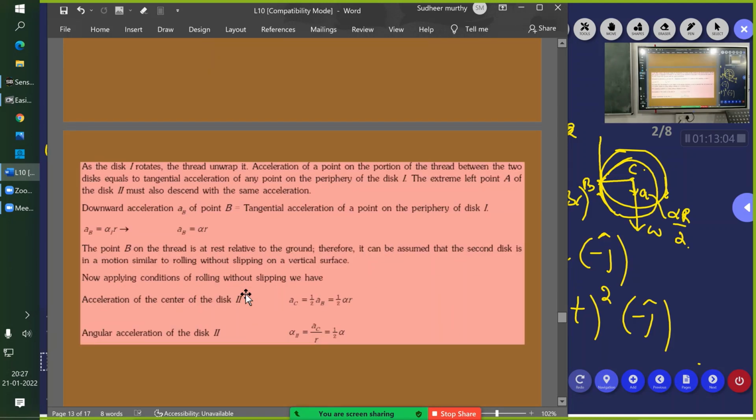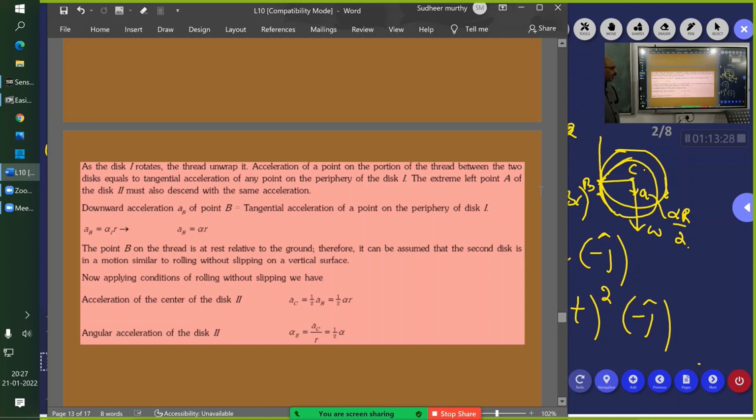Let's see what is the solution there. As this disc rotates, the thread unwraps. Acceleration of a point on the portion of the thread between the two discs equals the tangential acceleration at any point on the periphery of disc 1.